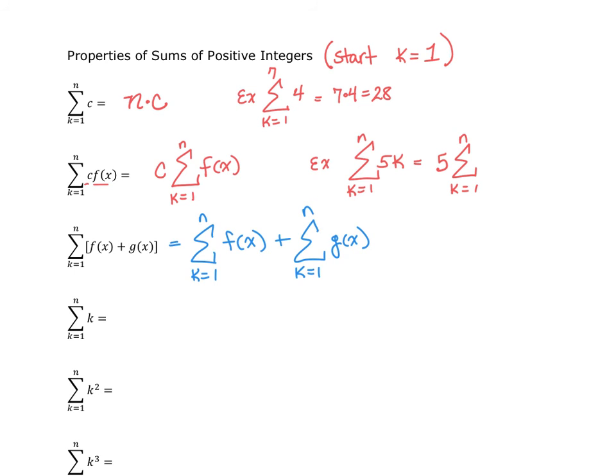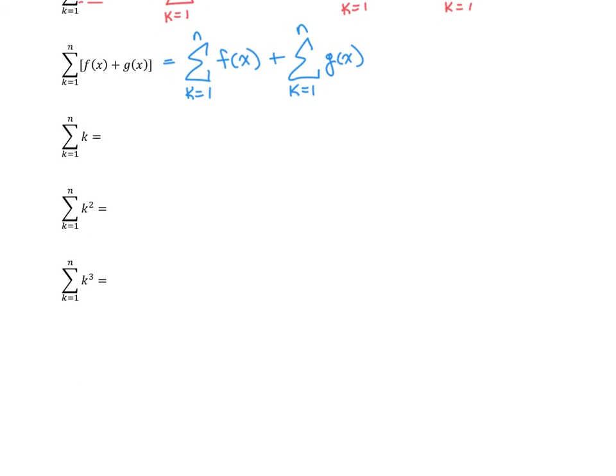The next three are quite useful. They are more formulaic. You'll have to think about them a little bit more. The first one is the sum of the k's, and in the sum of the k's you have n times n plus 1 divided by 2, where n is this upper limit here.